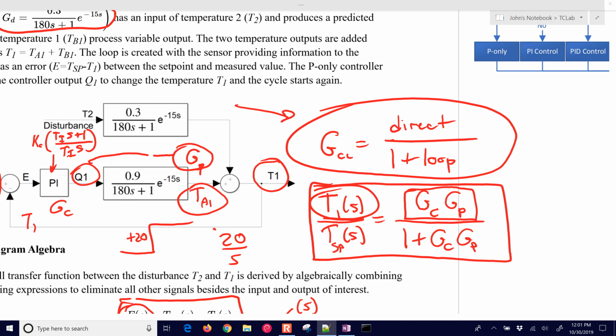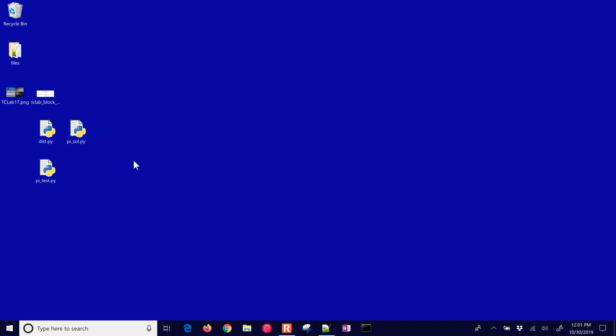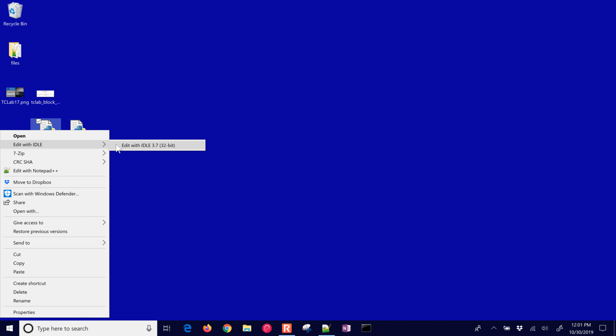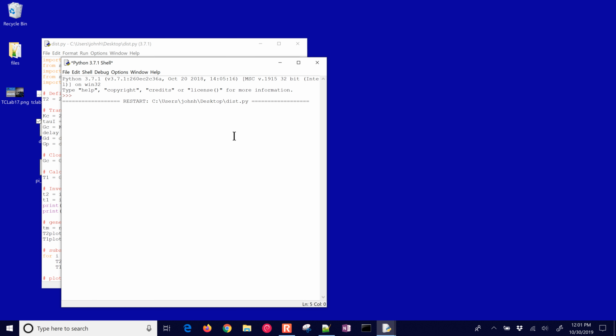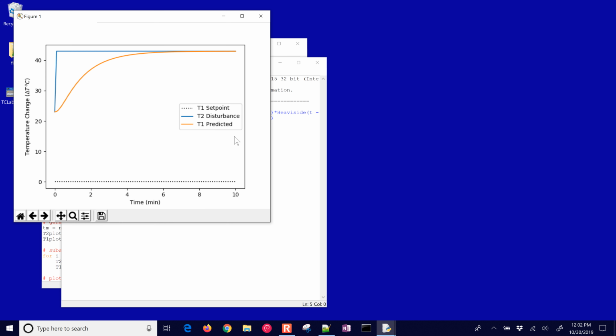That's really the only modification that you need to make, or you could go in and rename all your T2s to something else. Let's go ahead and run this one and just see what our expected response is to a 20-degree set point change.